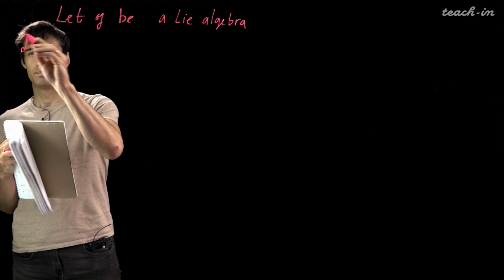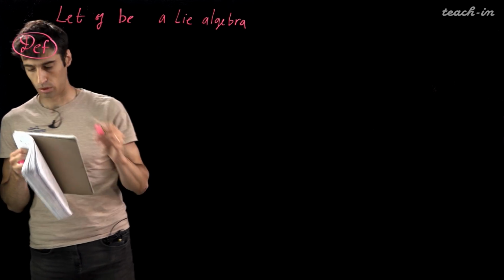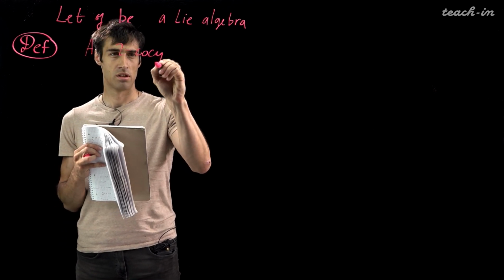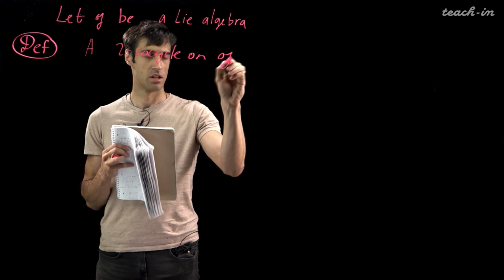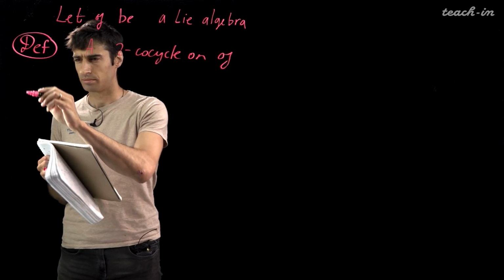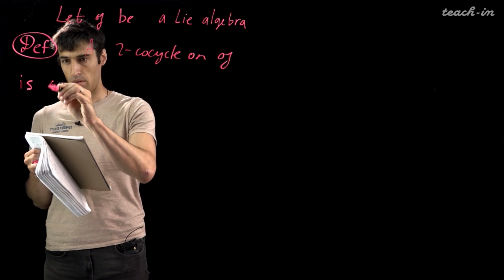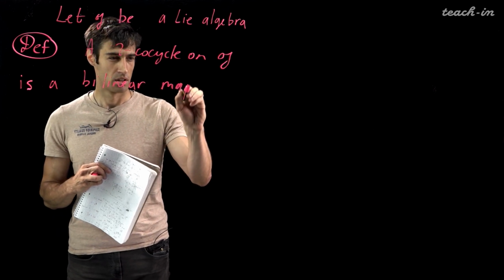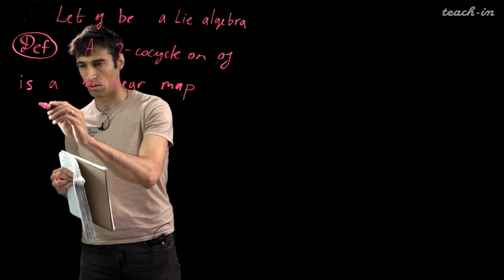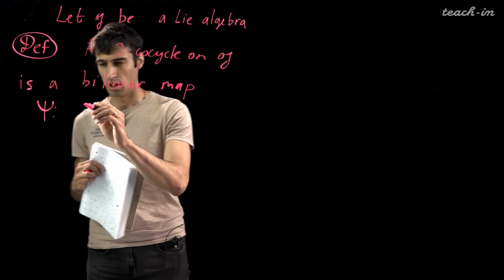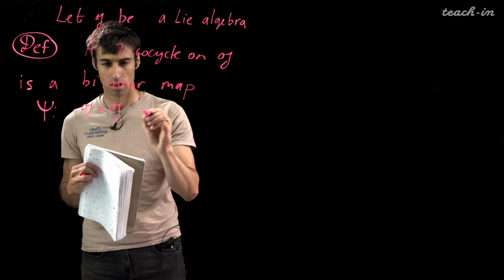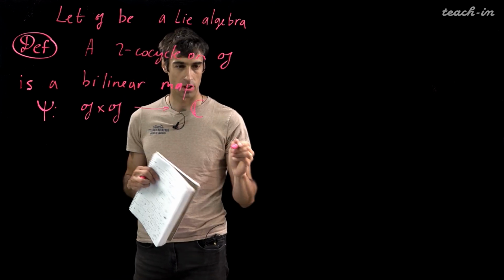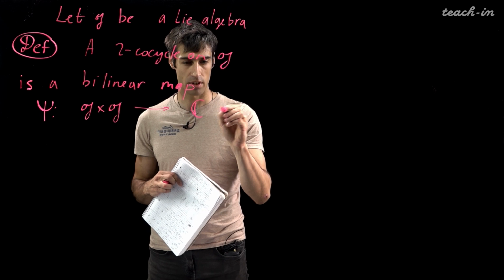So let us define what's called a 2-cocycle on G. A 2-cocycle on G is a bilinear map, let's call it psi, from G times G to C, and it satisfies the following properties.